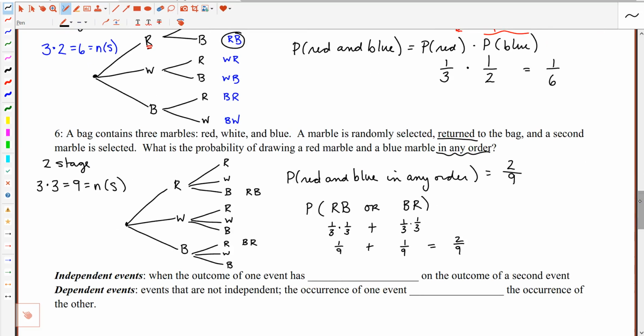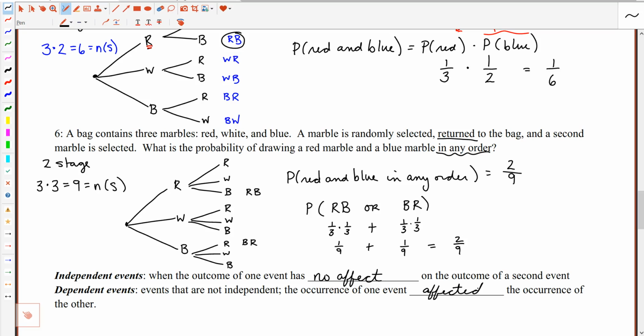Events are going to be considered independent when the outcome of one event has no effect on the outcome of a second event. Dependent events are events that are not independent. In other words, the occurrence of one event affected the occurrence of the other.